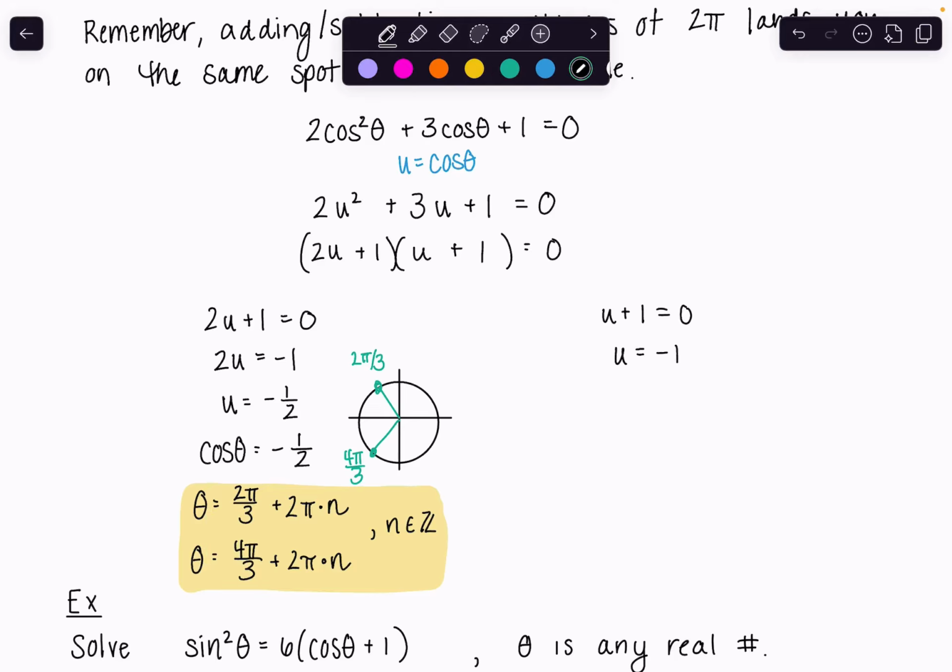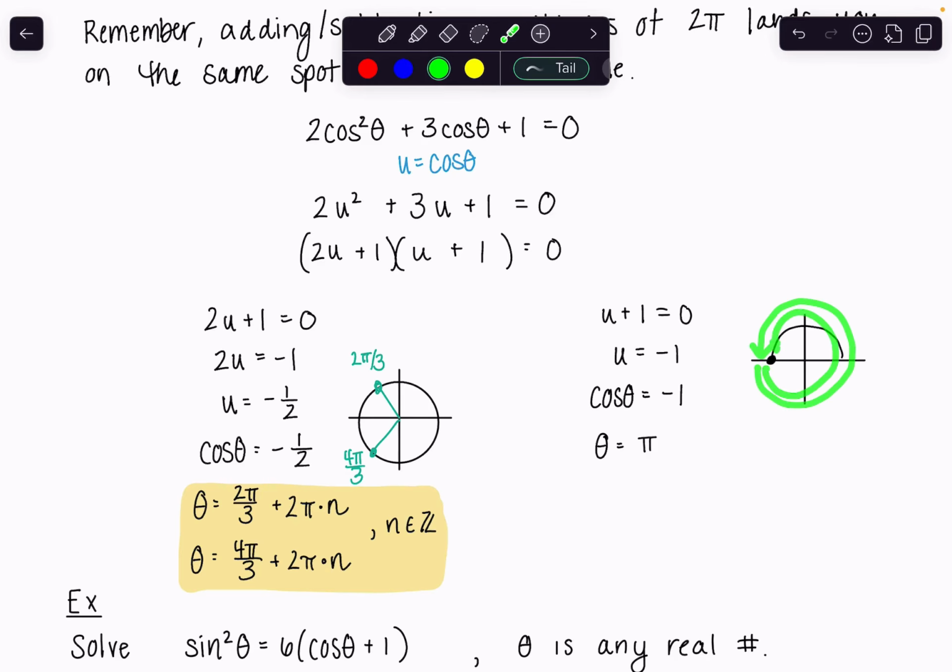Okay. To solve the next one, this would be saying that cosine of theta is equal to -1. And again, I want to find the key angles that happens for. But in this case, there's only a single angle, which is pi. So that is the main angle. But again, if I go around a revolution of 2 pi, that lands me in the same spot. Go another revolution, it lands in the same spot.